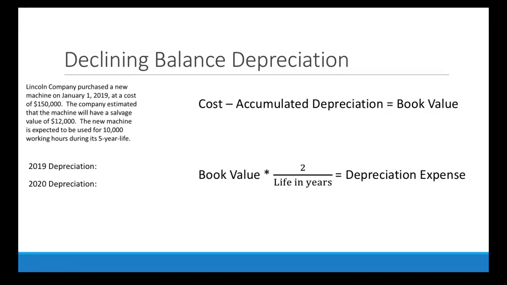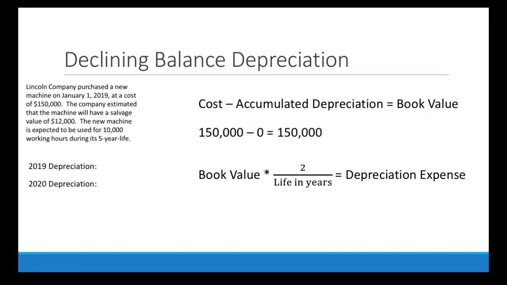Our accumulated depreciation in this first year is going to be 0, because we just purchased this machine. So there has not been any accumulated depreciation so far. So for year 1, under the declining balance method, your book value is going to be your cost here.